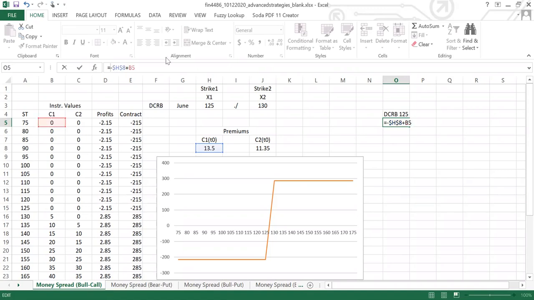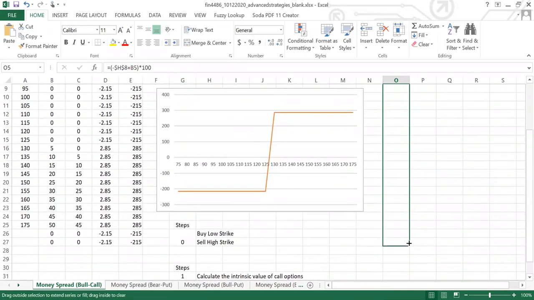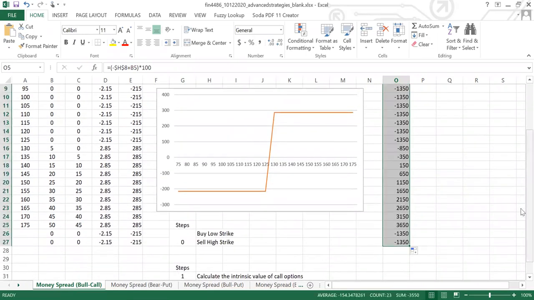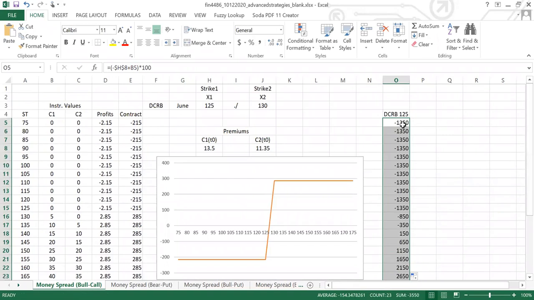The only thing is we need to multiply this by 100, because we cannot invest in one single call option, but we need to buy 100 call options. And now this is it. If you are only investing in the call option, these are the possible profits you can attain. Let me give you a quick hint.